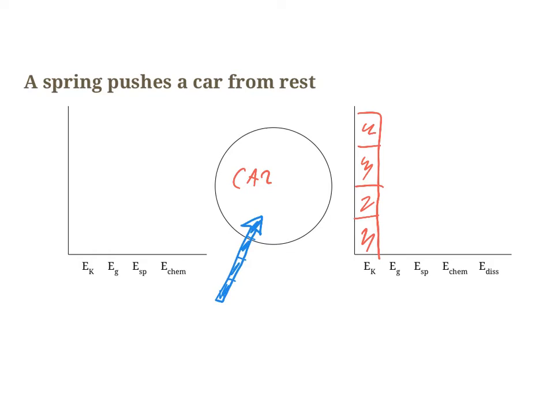So now we have to label that arrow, and we need to tell the world that that arrow is the energy from the spring. So when I go to write my equation here for this particular scenario, I'm going to start with 0 initial energy plus the energy of the spring, which I'm going to refer to as work, and I'm going to explain that in a little bit more detail in a second, is equal to the kinetic energy of the car.